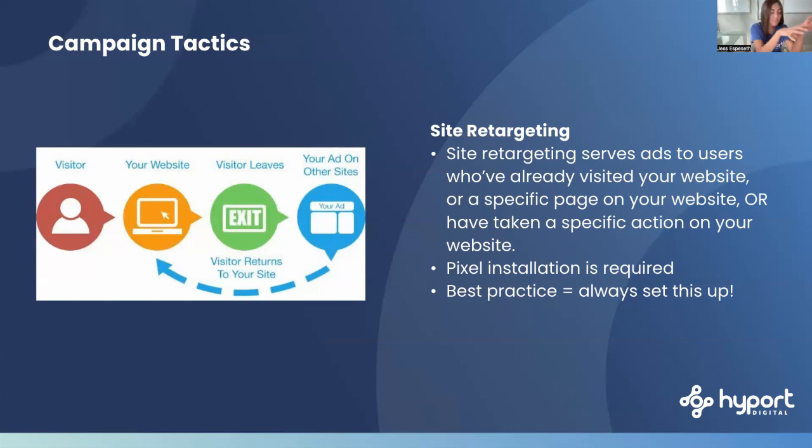So every single time somebody visits the website, their device information is dropped into this audience pool. And then you're able to create a display campaign and use that audience pool as your targeting. So you're able to then serve ads to those people who have visited your website, clicked a certain button, landed on a certain page.